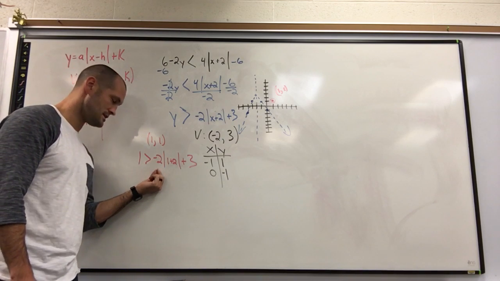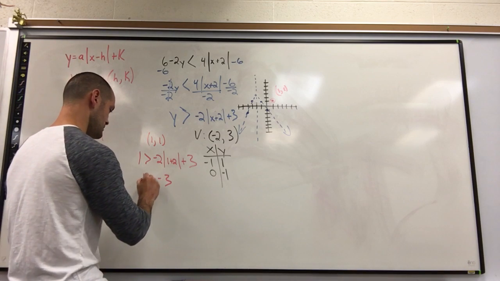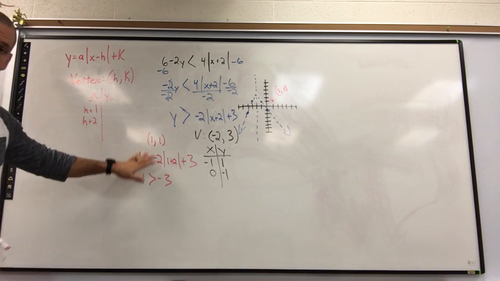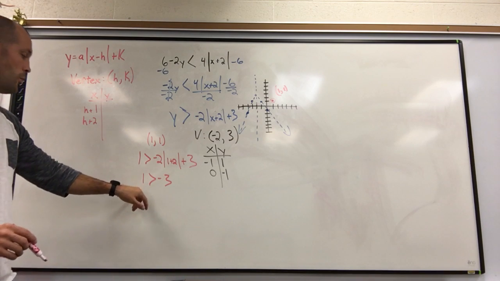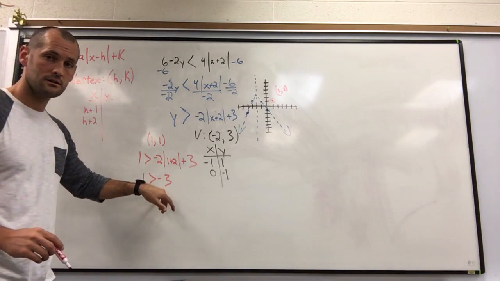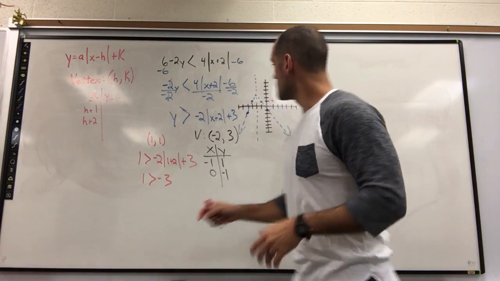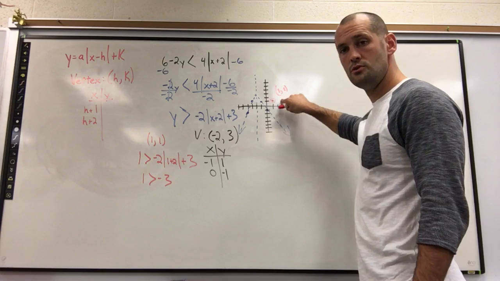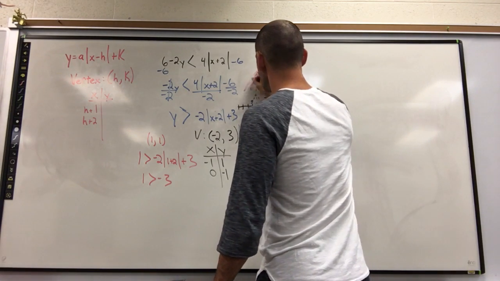Times negative 2 is negative 6. Plus 3 is negative 3. This statement reads, 1 is greater than negative 3. I'm not a genius, but I know that 1 is bigger than negative 3. So this point produced a true statement, which means I shade the outside.